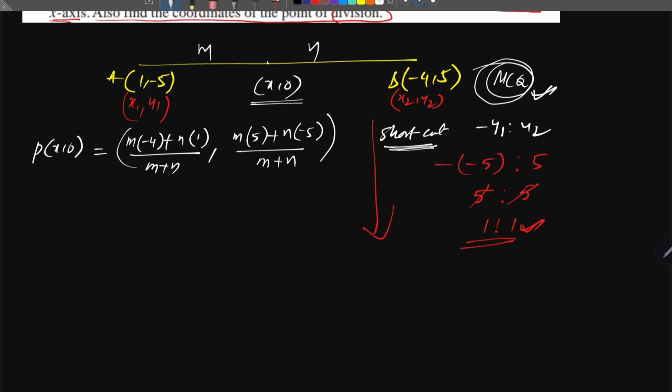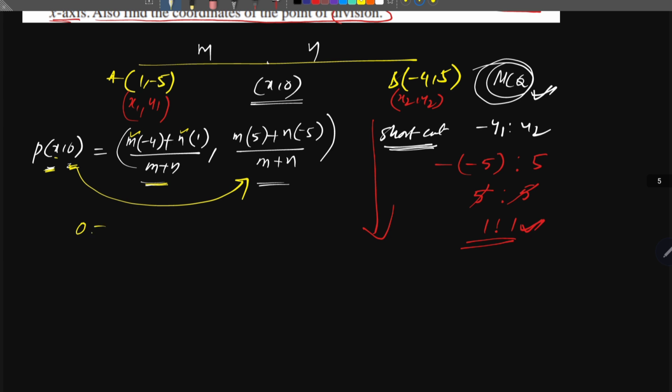Now, should I equate the x coordinates or the y coordinates? My suggestion is, if the x coordinate is given we can equate it, but if the x coordinate is unknown we cannot take it, because then there are three unknowns: m, n, and x.